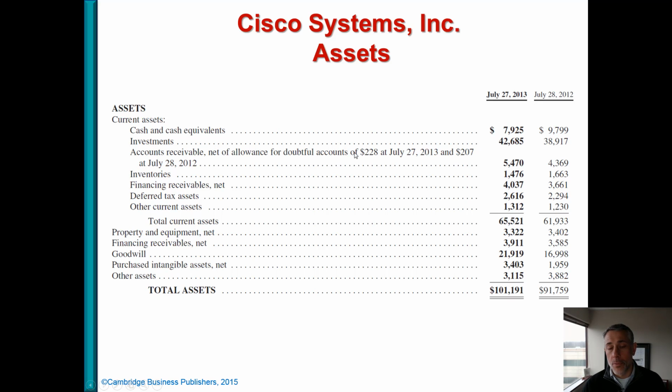So that's always presented net, and we get a little bit more detail about how this doubtful account number was calculated in the footnotes. So here's an opportunity for managers to influence the numbers that are reported on the balance sheet, because in this calculation, the reserve number that we take against the accounts receivable, there's some discretion in how we calculate that, and we'll take a deeper look at that later in the class.